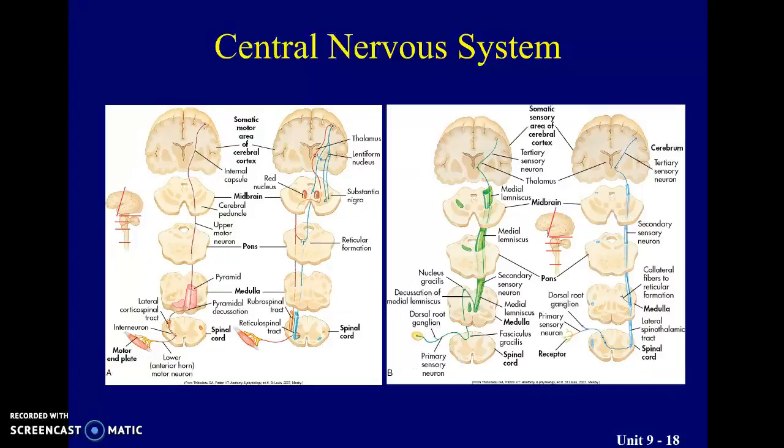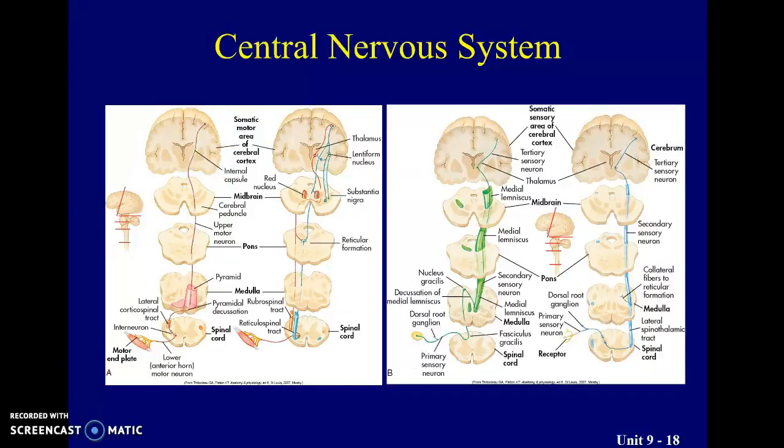We can see information there on panel B, for example, in which we see some primary sensory neurons that are going to be carrying information up to the somatic sensory area of the cerebral cortex, unlike what we just saw on panel A with motor sorts of information.